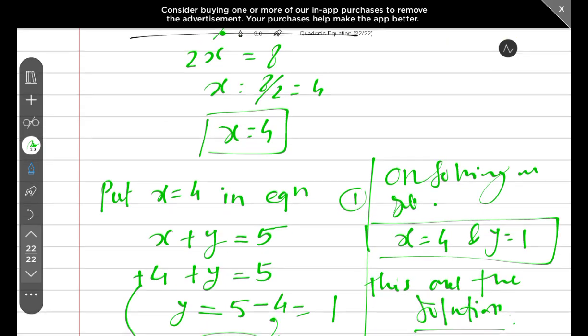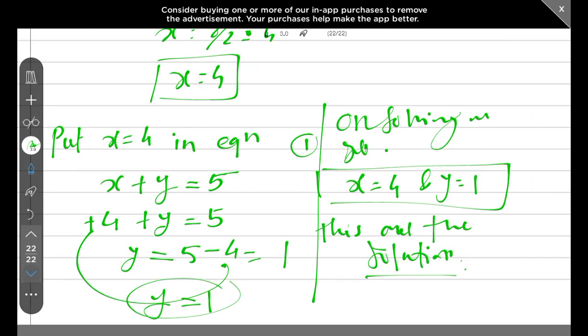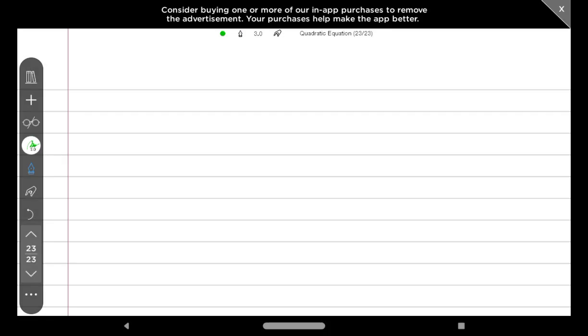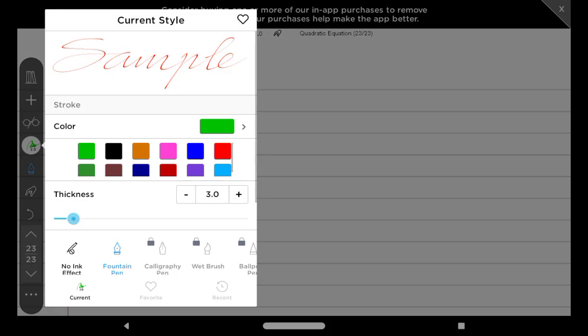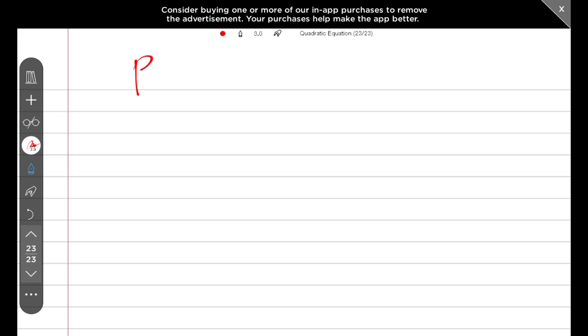So let's start with an example. We will select an example from your exercise. We will begin with practice set 1.1, right? Practice set 1.1.